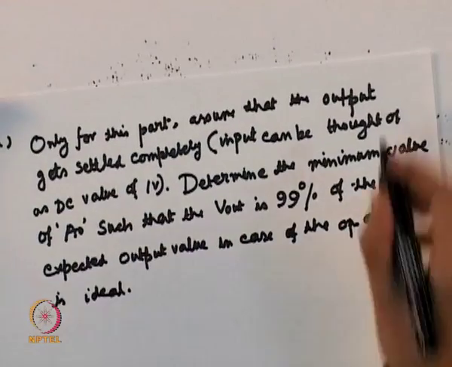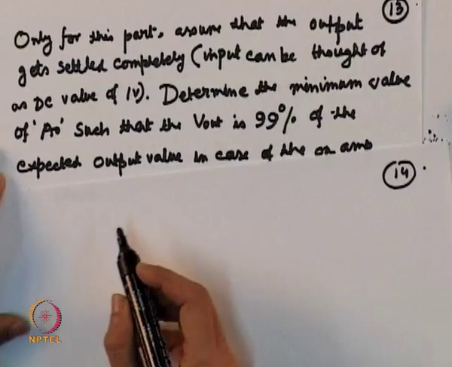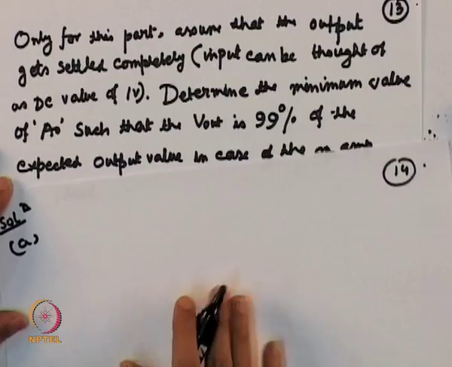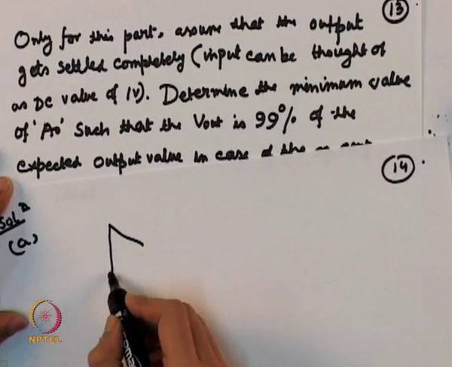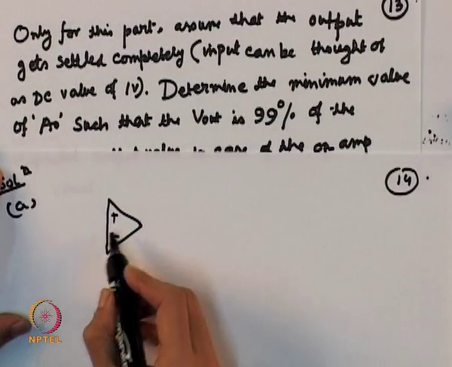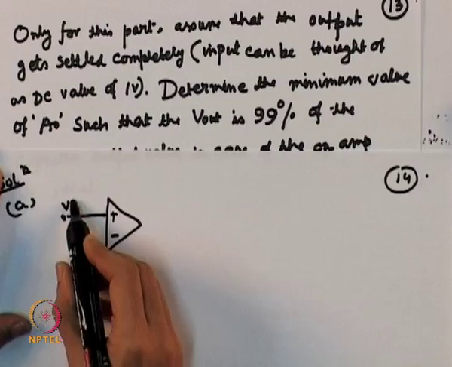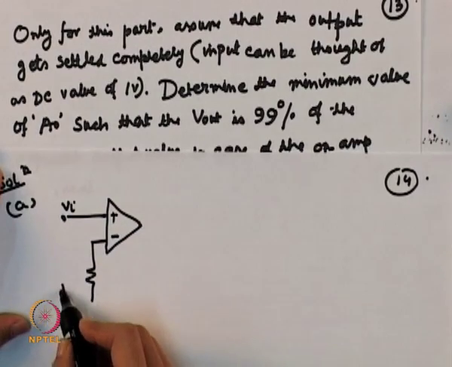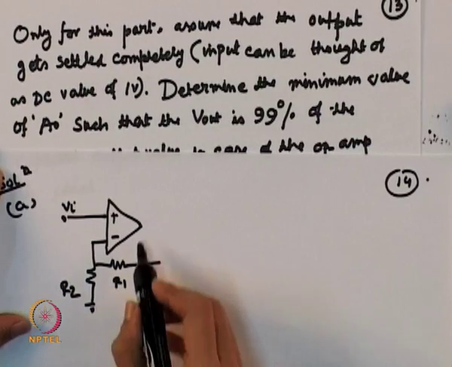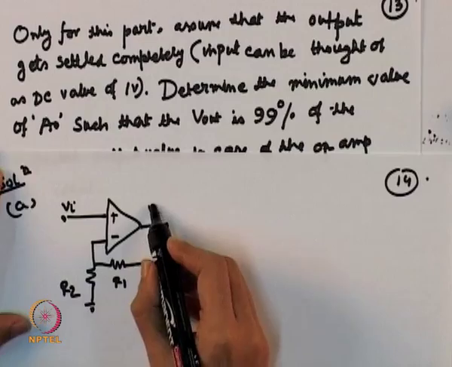Now, look one by one. So, what we have to find out? So, solution for part A. The circuit given is a simple op amp circuit, this is plus, this is minus, here we are giving Vi, here it is R2, it is R1, it is Vout.